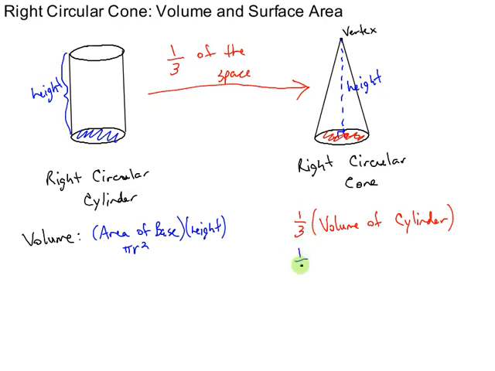So you take 1/3 times the volume of the cylinder, which is pi r squared times the height. Okay? So that's how you calculate the volume of a cone. It's 1/3 of the cylinder volume.